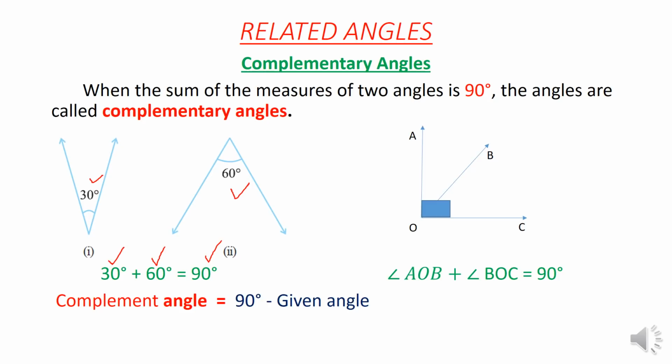If you add angle AOB and angle BOC, you will get 90 degrees as the sum. If you want to calculate the complement of any angle, the formula is: complement of an angle equals 90 degrees minus the given angle.